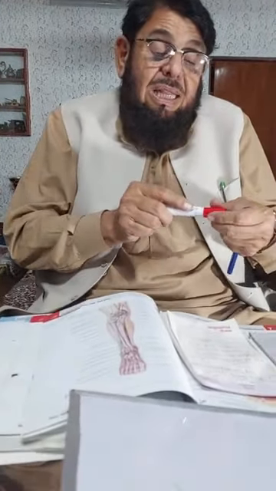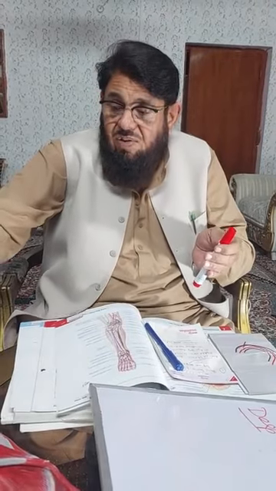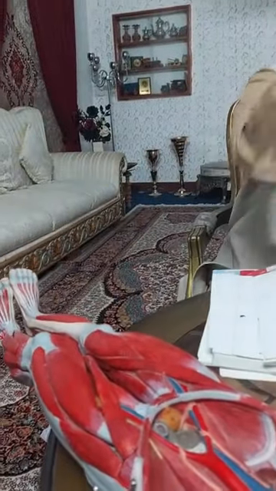Okay, these deep veins which lie deep to the muscles, you know that when these muscles are compressed during walking or during running, they apply pressure over the veins and help in pumping the blood from the distal to the proximal, or from the inferior to the superior part.